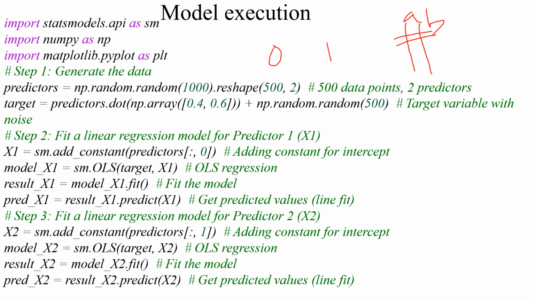This represents all 500 rows and this represents the first column, so for the first column, all the rows are replaced by the constant 1. So x1 is ones plus some data which is added with noise. This entire setup is called x1, and that has to be modeled. We are going to use the OLS model, which is in statsmodels. The ordinary least squares regression model we are going to apply.